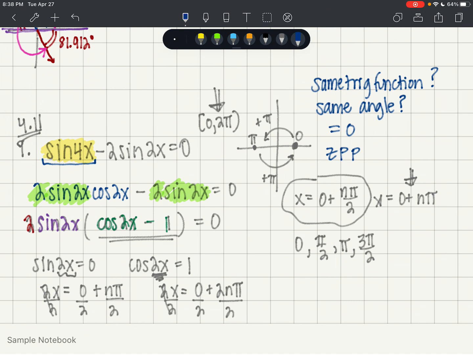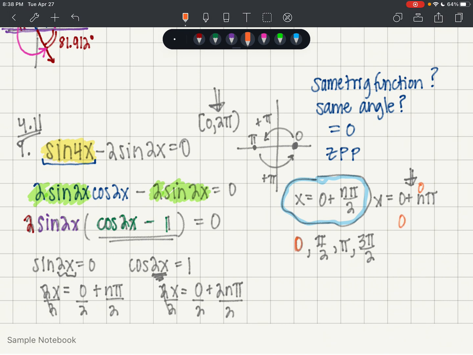Okay? Now, watch what I'm talking about. If we need all solutions, this is the answer. And I don't have to worry about this one because all of these answers on the right are included in the bubbled answer. Let me show you. So I'm going to do this in orange. If I put a 0 in for n, I get 0. Well, look at that.